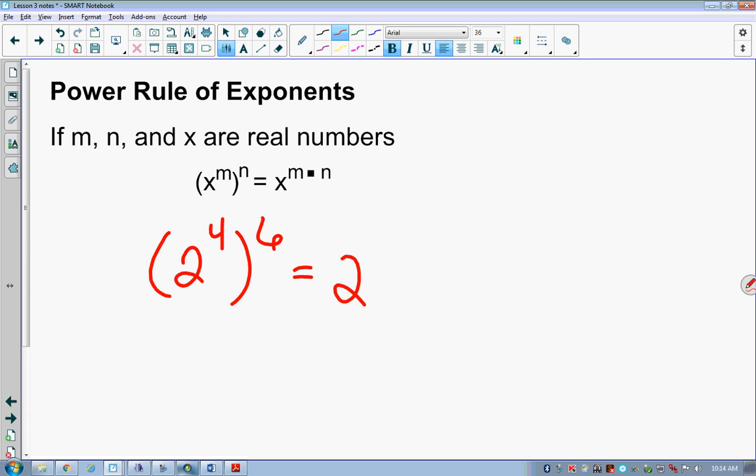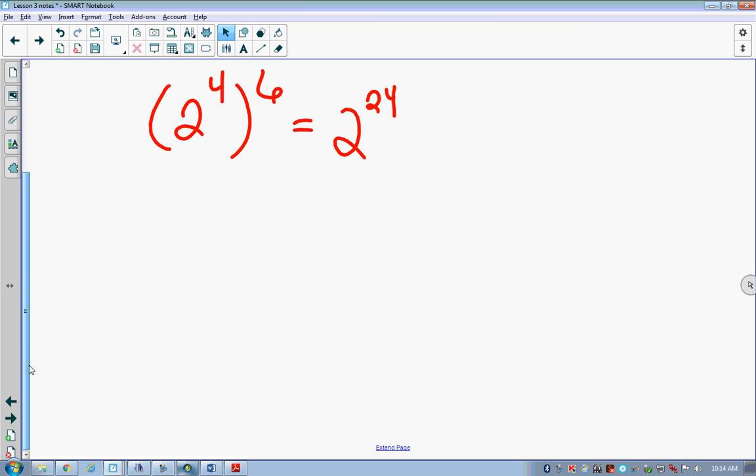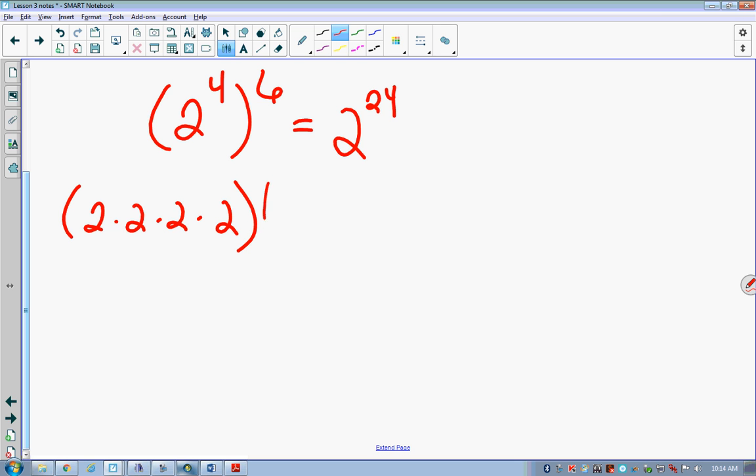Nope, you're adding. That was the other thing. It's 2 to the 24th. Let's see the expanded form. Why does this work the way that it does? Because what we are saying is 2 times 2 times 2 times 2, that's 2 to the 4th, to the 6th power.